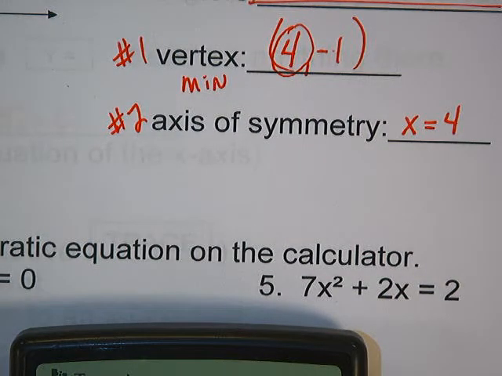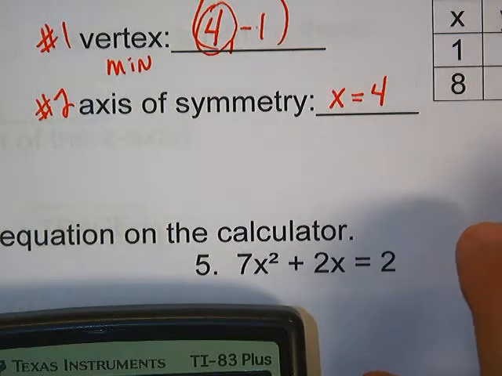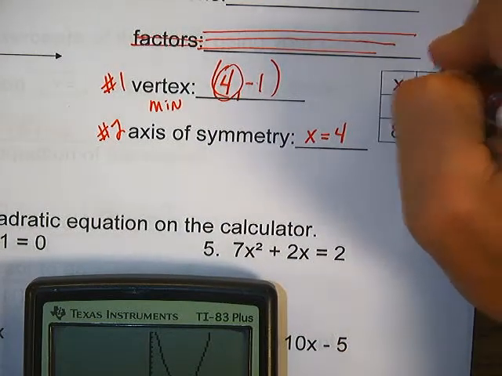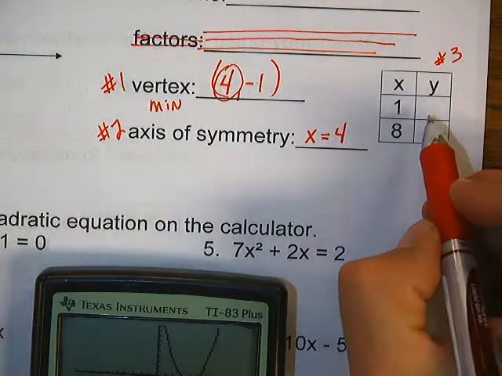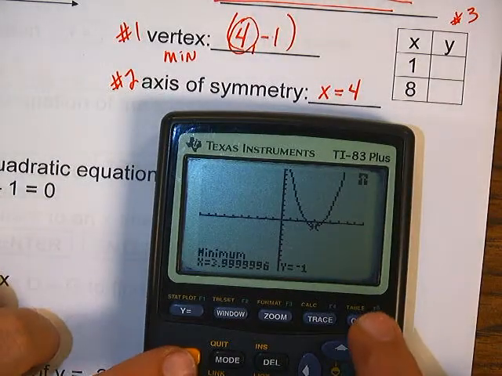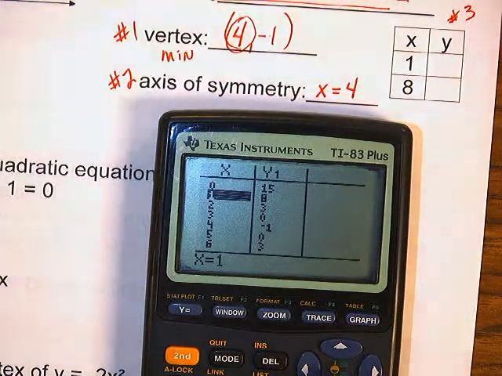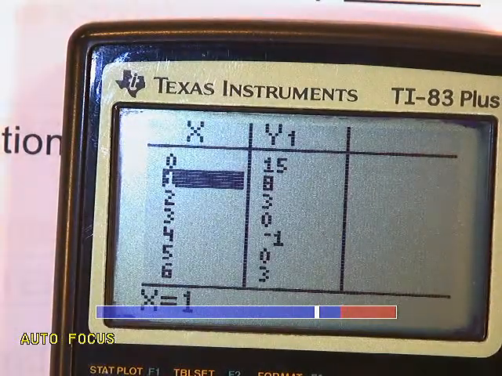Now, if you want to, you can go ahead and fill in the table. So I'll do this third. Go to my table, second table.